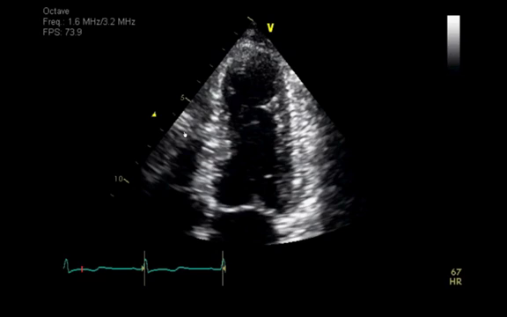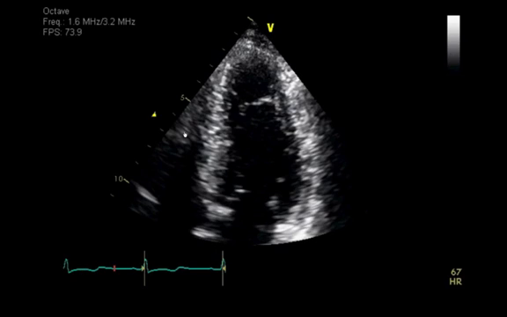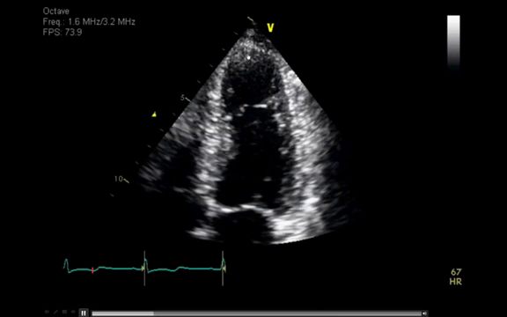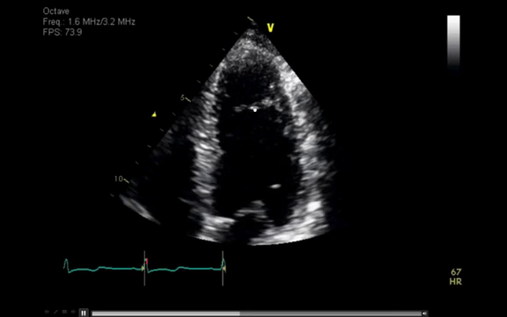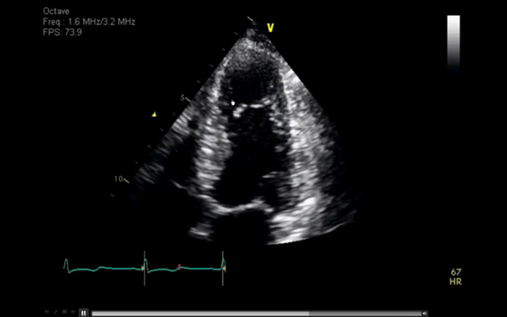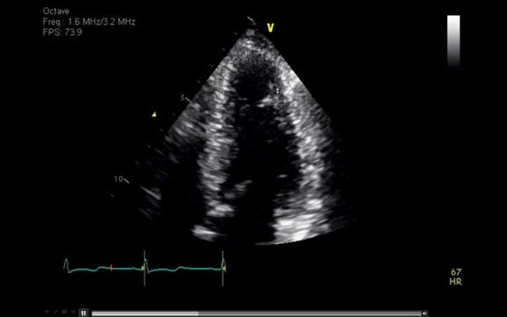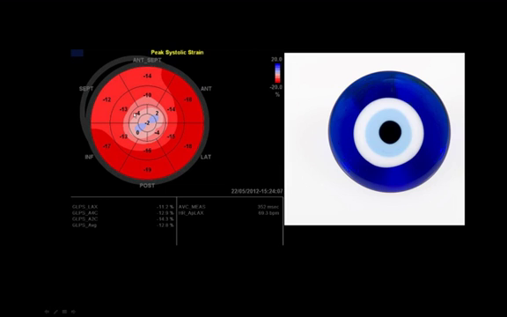Obviously, I'm trying to show you a case of typical apical ballooning syndrome, or Takotsubo. And it has helped us differentiate. And unfortunately, we have seen Takotsubo very frequently here in our inpatient consults.